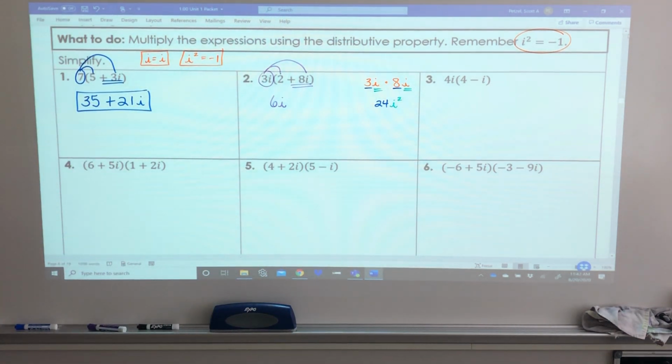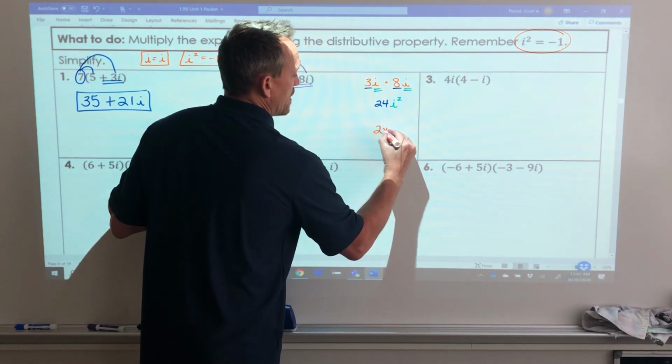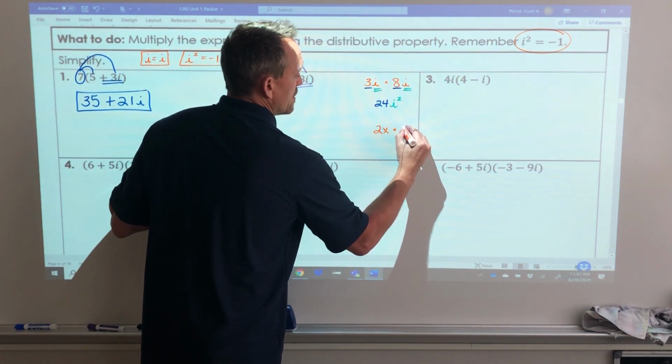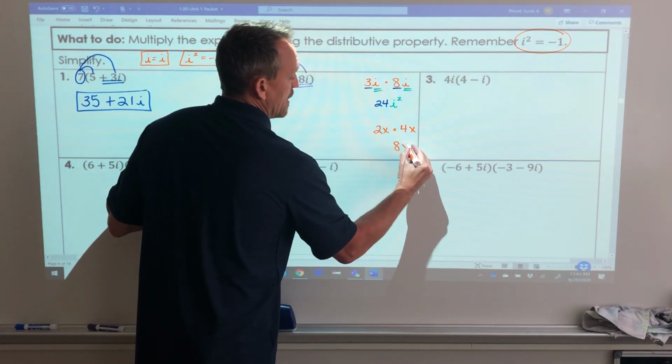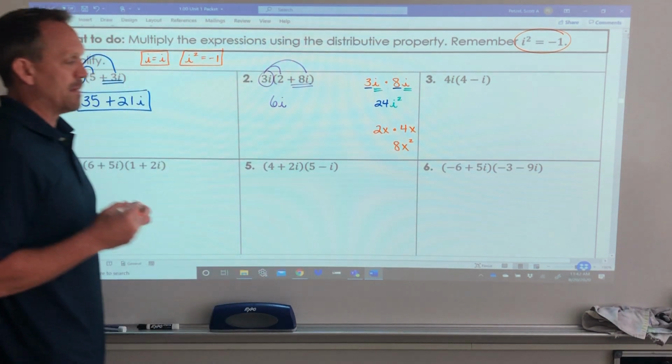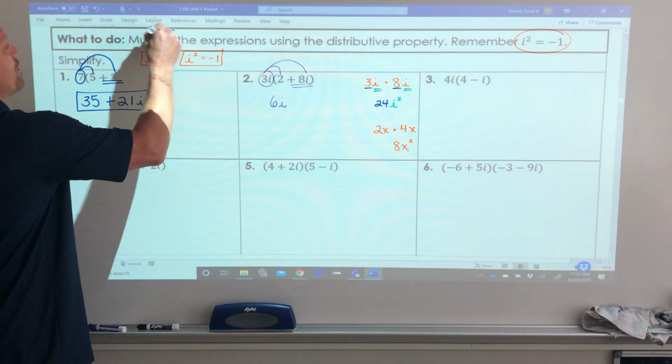A similar understanding of that is if I multiply 2x times 4x, I would end up with 8x squared. I'm not adding them. Operation: multiplying.